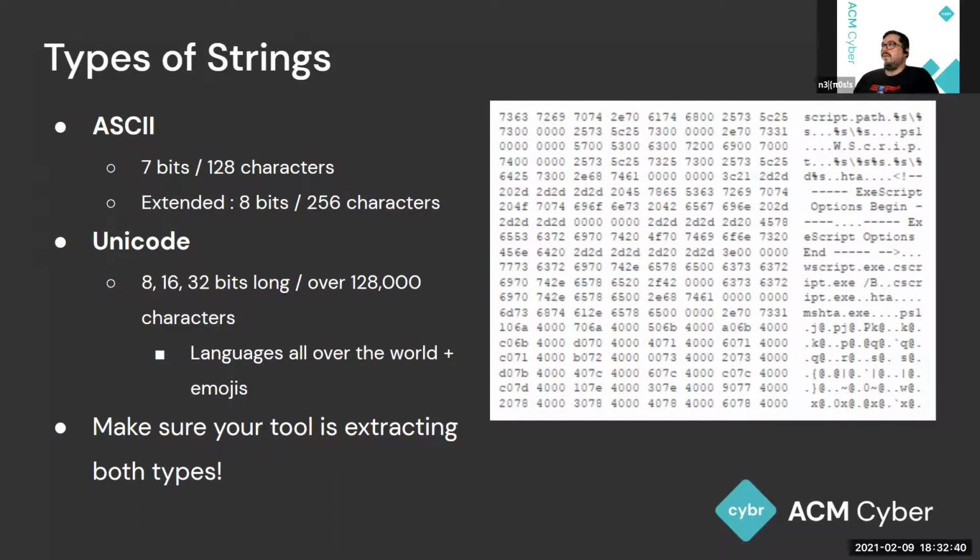ASCII is more programming-side. Make sure you get both types of data out of the files, because depending on who programmed this and where they came from in the world, their standards or malicious intent might be different.